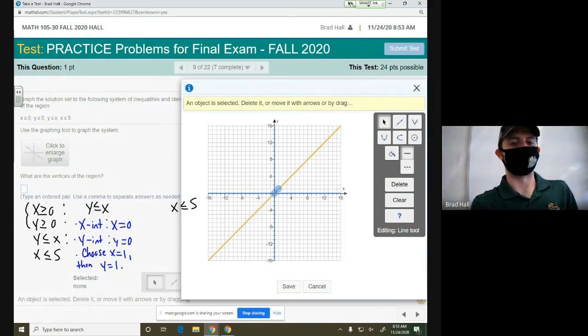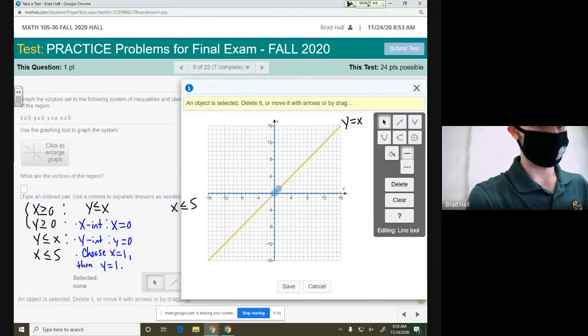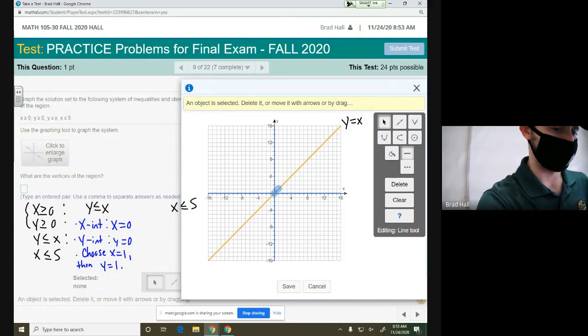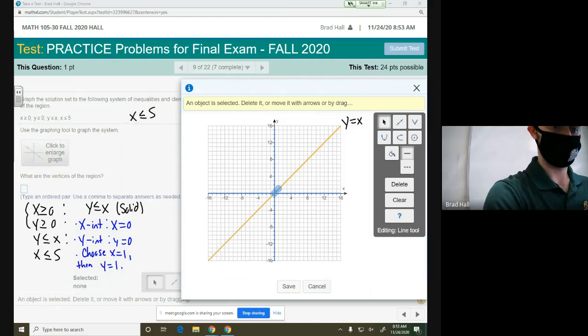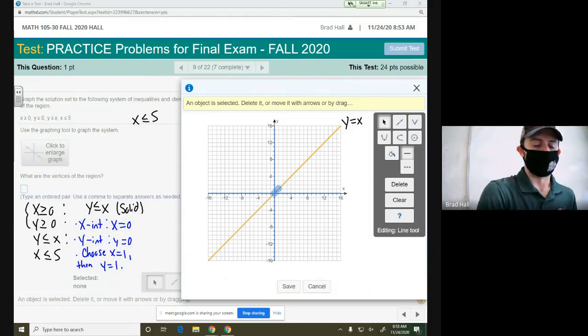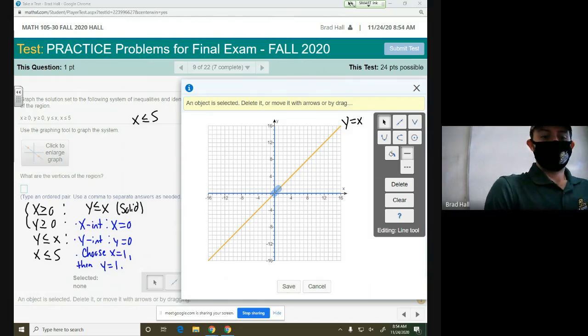It's a perfect diagonal. That's what Y is equal to X is. And the line is solid because there is an equal to part. That's the only situation I've ever seen where the intercepts do not suffice. In fact, it can only happen for this line. So you have to go find another test point.